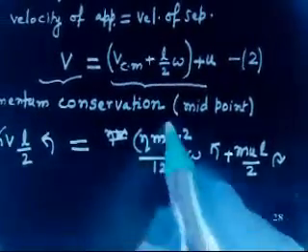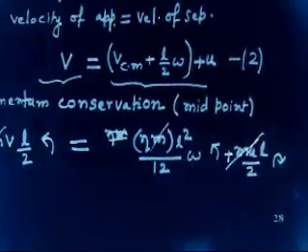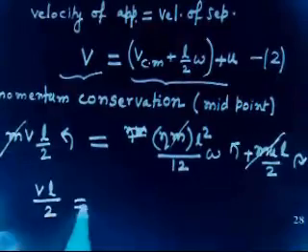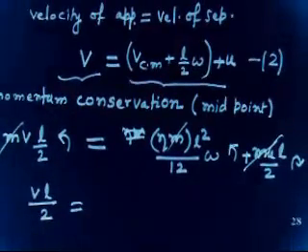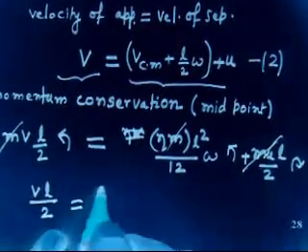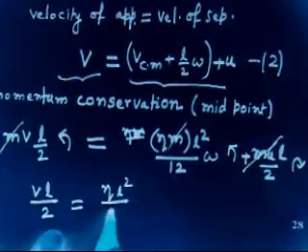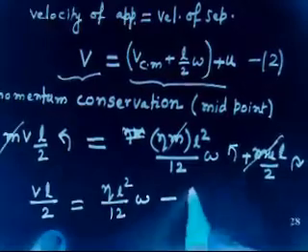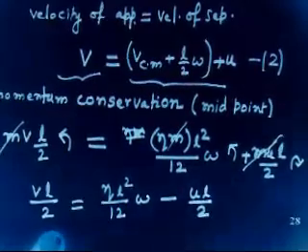So if you cancel m, you will have v into L by 2 equals eta L square by 12 into omega minus uL by 2.